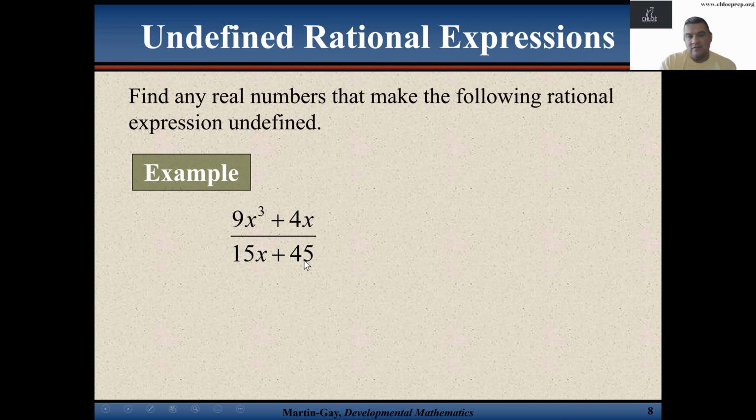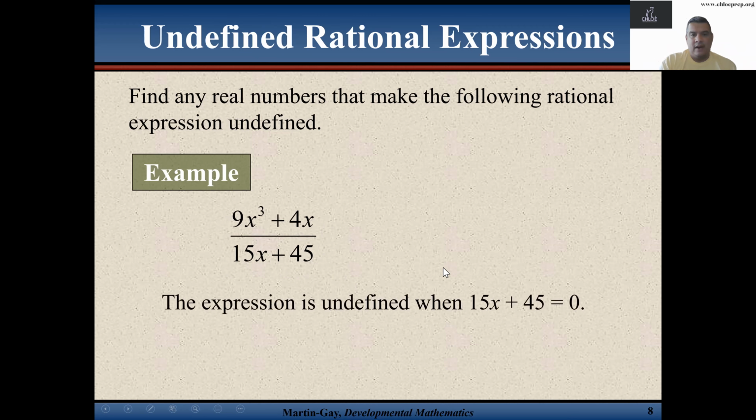For me, I can see that that's going to be a factor of 3. It's actually going to be a factor of 15. I got my 3 there. So that's what we're trying to do: what number is going to make it 0? Well, remember I mentioned that I could see that that's a factor of 15.